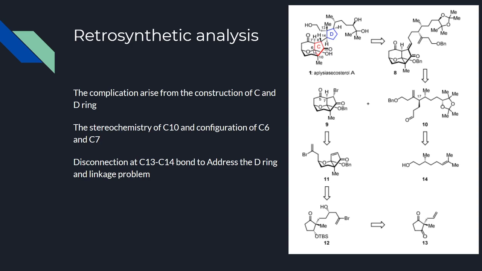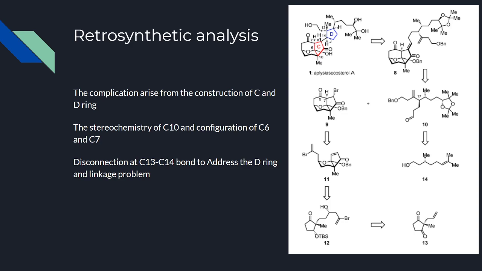The stereochemistry of carbon 10, which is right here, also has to be taken into consideration because it's also in a position where it's bent upward. So this carbon 10 contains 4 substituents attached to it, and the configuration of carbon 6 and 7 also had to be considered. So the team decided on a desymmetrization strategy.